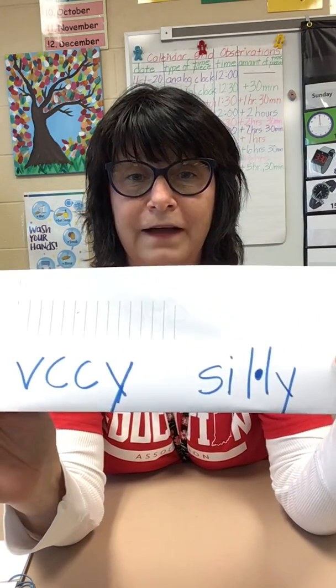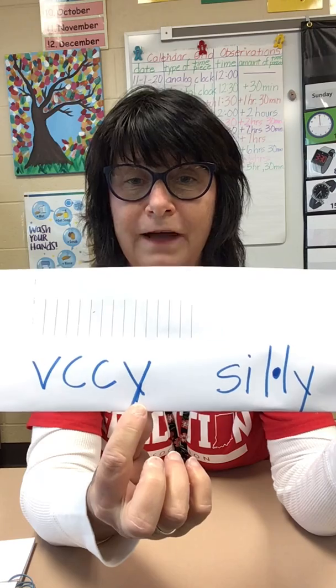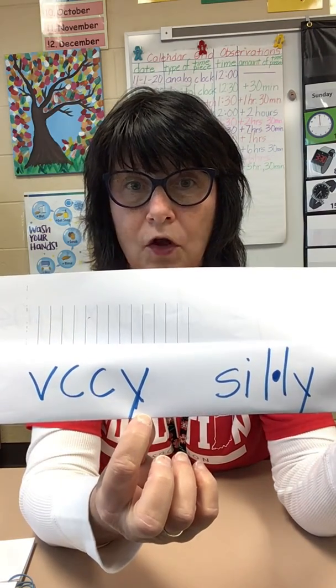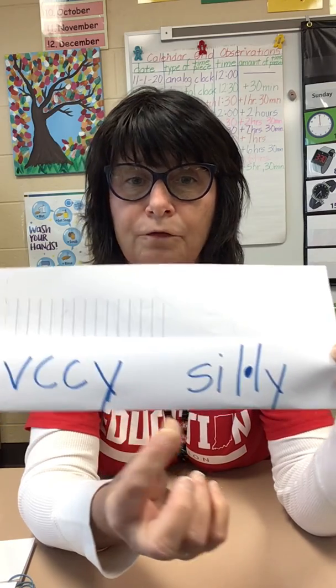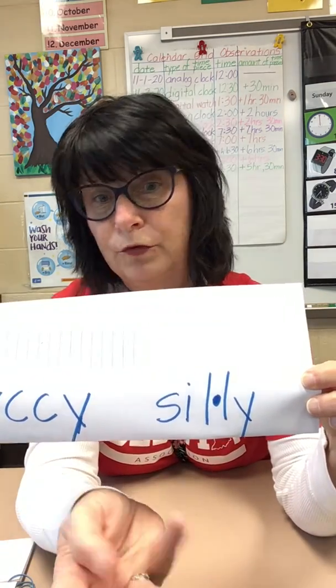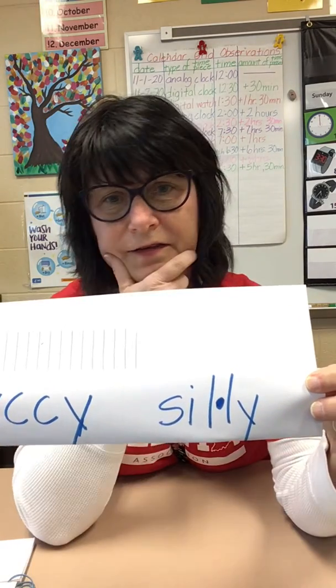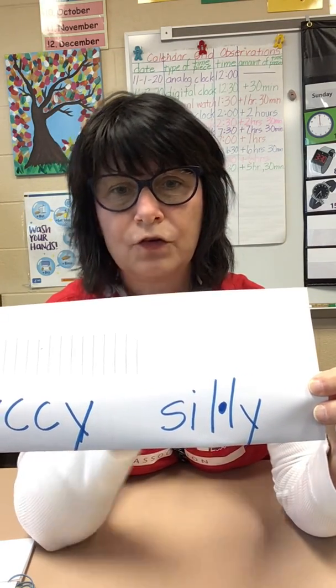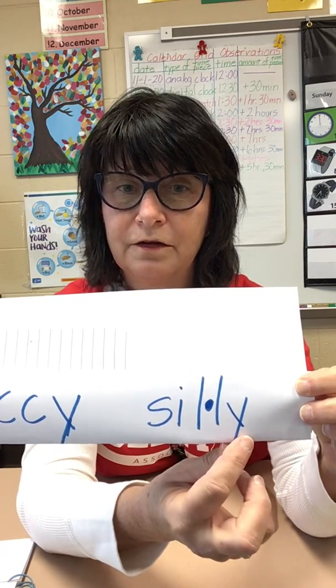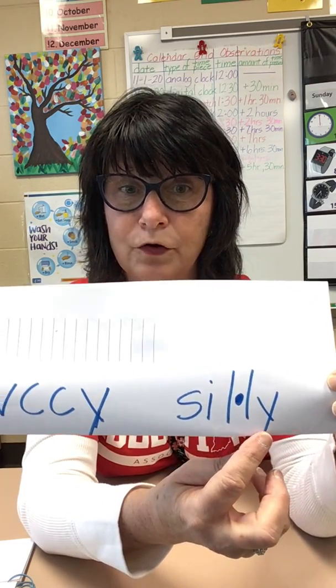Here's one that you might remember. It's like vowel, consonant, consonant, vowel, but actually the vowel this time is going to be that Y that you see on the end of the word that makes the long E sound. So if I had the word silly, and maybe you already know this word, but if you didn't, you might look at it and say, not so sure about that word, but I see a vowel, consonant, consonant, vowel, because that Y counts for a vowel.